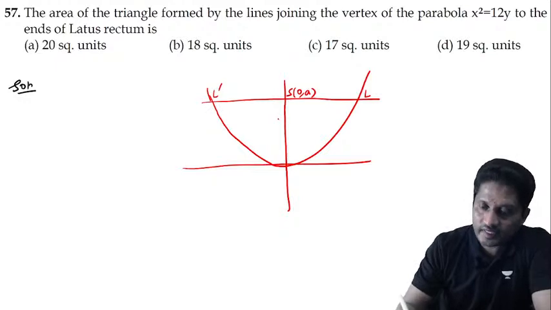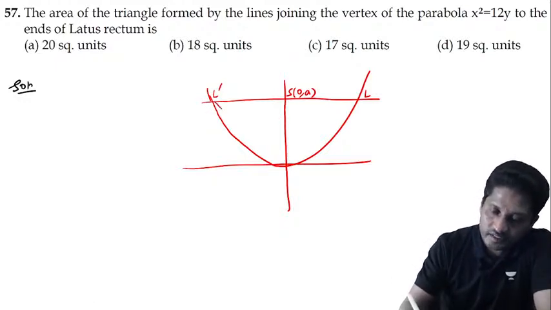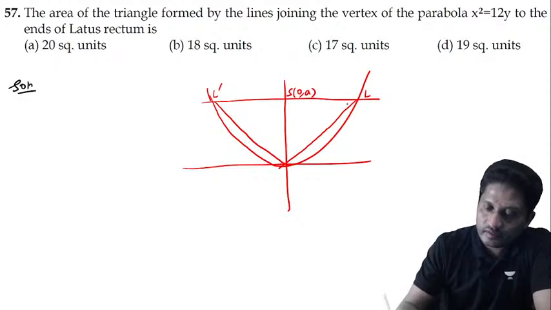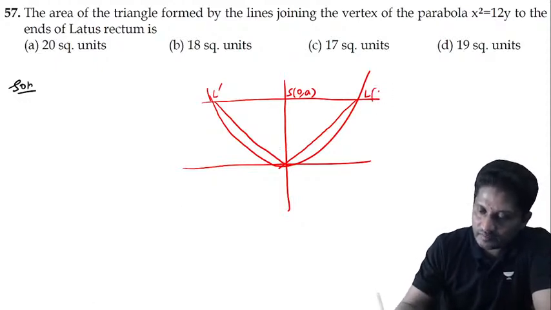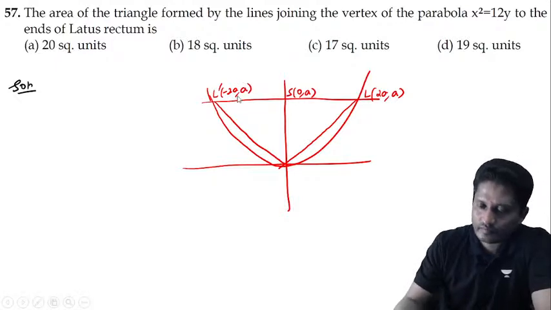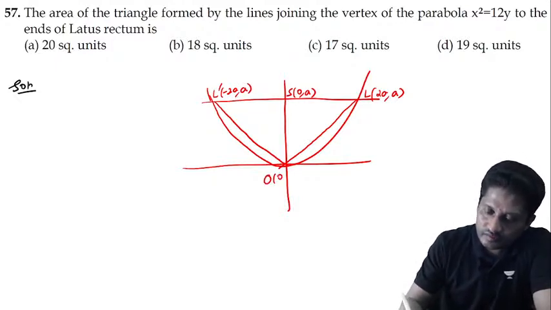Now, the area of a triangle formed by the line joining the vertex to the ends of the latus rectum of the parabola. This area I'm supposed to find out. Ends of the latus rectum are 2a comma a and minus 2a comma a. This is 0 comma 0.